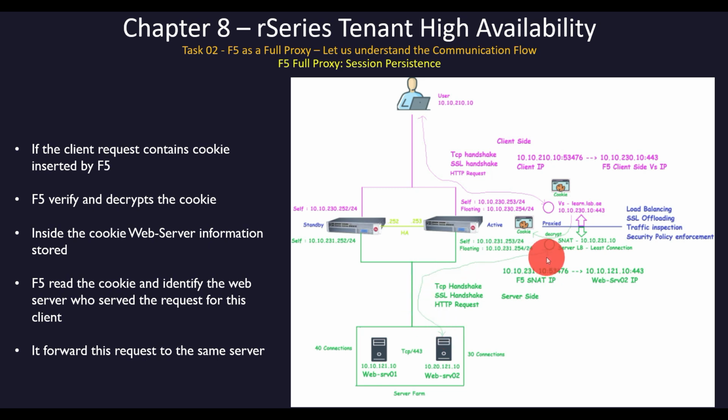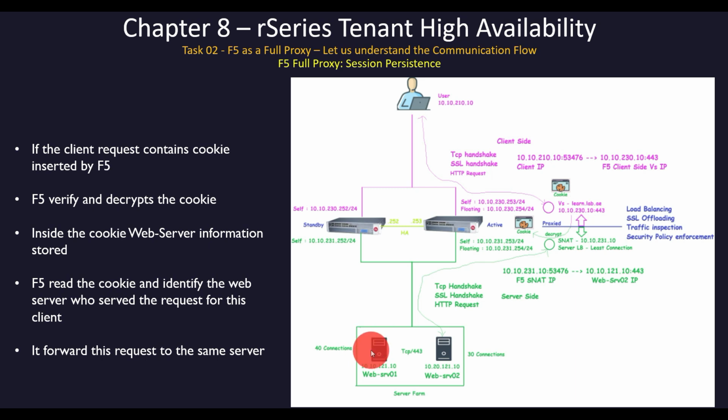FI modifies the server response and inserts additional persistence information, such as a cookie. This ensures that the subsequent HTTP requests from the same client are routed to the same backend server. This is crucial in scenarios where the client authenticates with server 2. Later, the client request is accidentally sent to server 1.